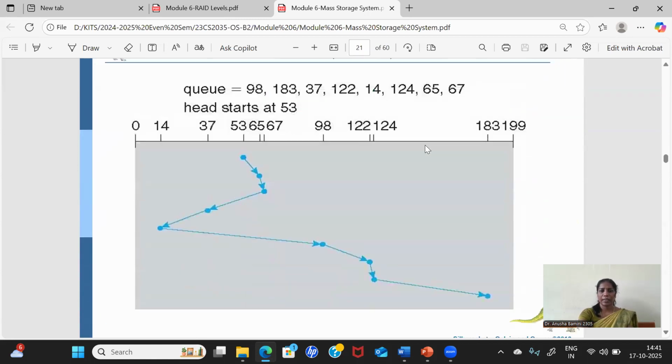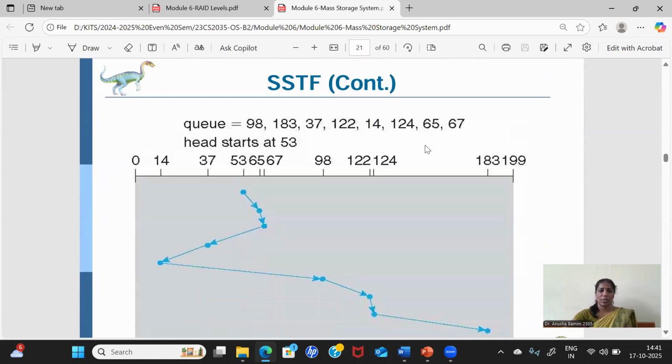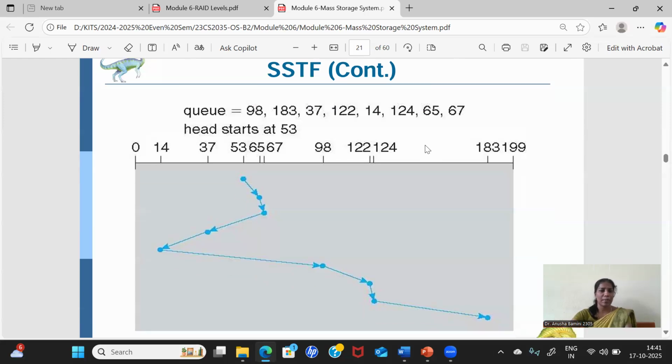Like this. So this is the example problem given here, SSTF. Same problem I'm considering; this is the queue. We are starting from the 53rd position.